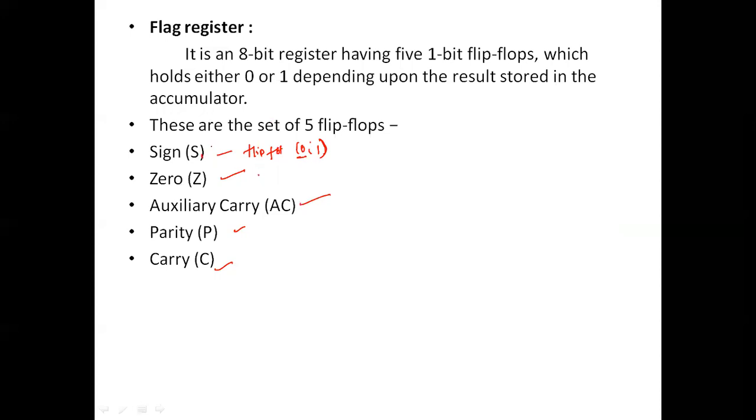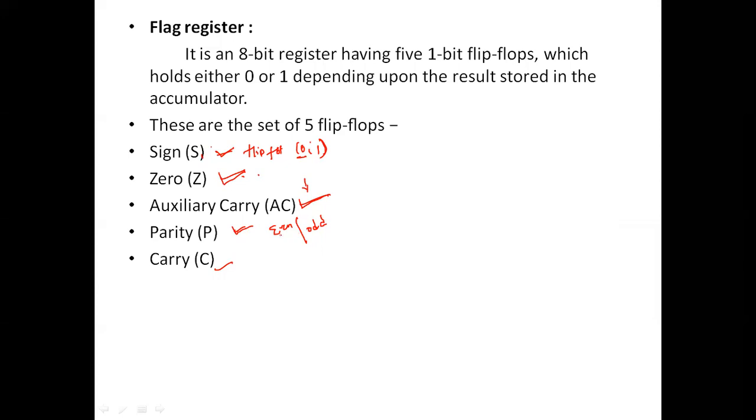Sign flag in the sense, if the result is positive, then the sign flag is going to be set. If the result is 0, then zero flag is going to be set. If the auxiliary carry is going to be 1, then the auxiliary carry flag is going to be set. Parity flag in the sense, we'll be going to have two types of parities, even parity and odd parity.